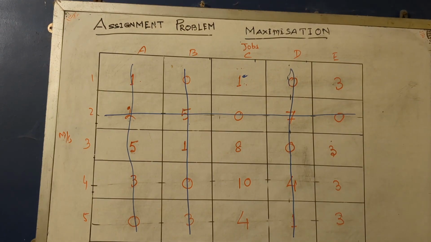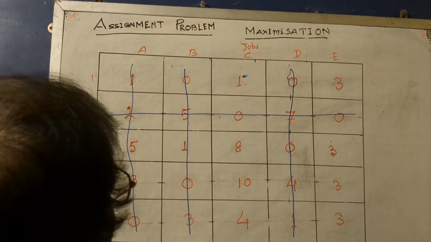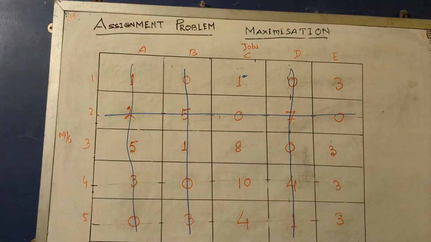And this is the Hungarian method. Okay, then I am writing in a different color. It will be better. By blue it is better. Blue we have not used.